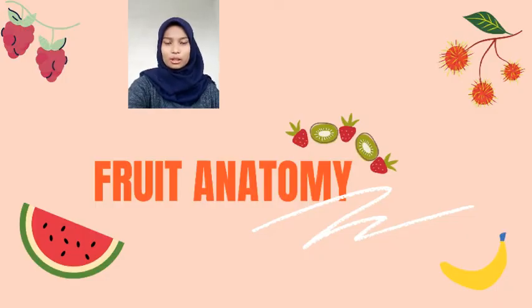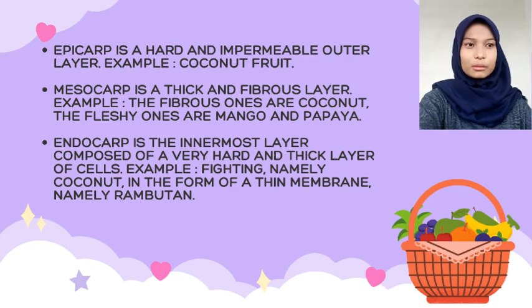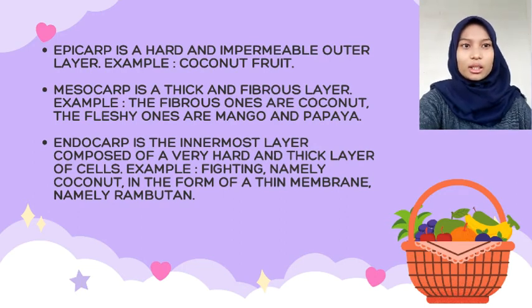Fruit anatomy. In general, the fruit develops from the female genitals or pistil, which is called the ovary, which contains the ovule. A complete fruit is composed of seeds, pulp, and fruit skin.